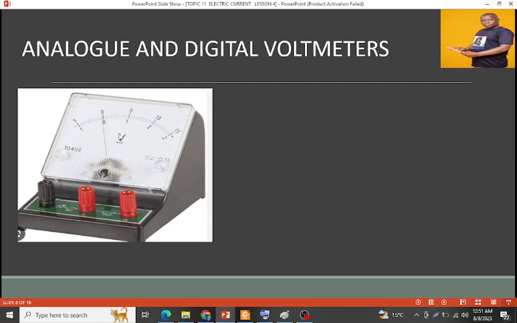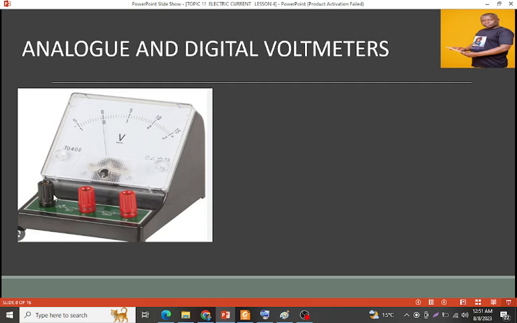I'm sure you have seen this before in your lab. This is a voltmeter. Just like an ammeter, it has 2 terminals, negative and positive. One is for the smaller scale, the other one for the larger scale.